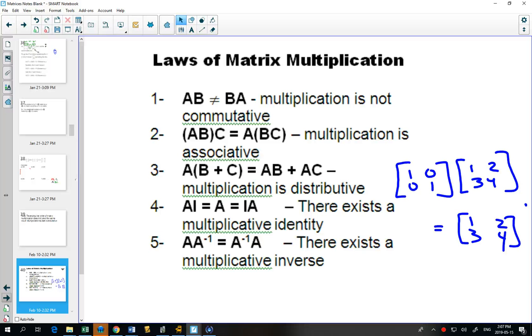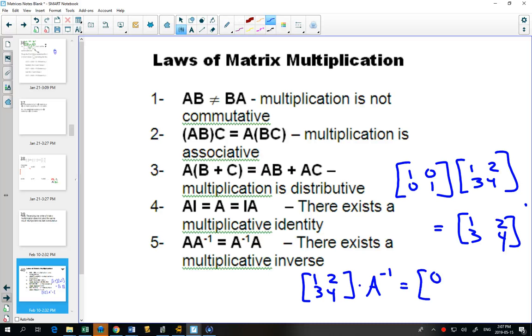And a key thing that we're going to be looking forward to is the idea of an inverse matrix. When you multiply a matrix, if that's my matrix, by my inverse, I get my identity matrix.